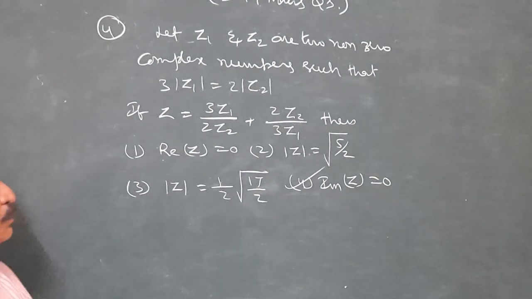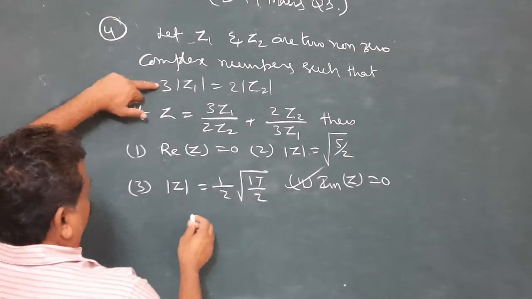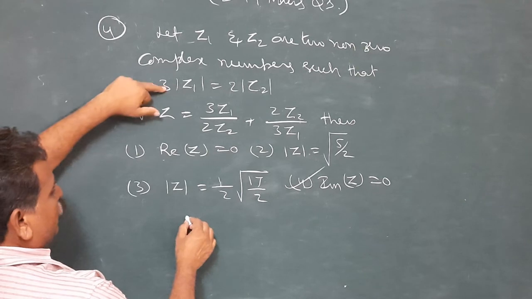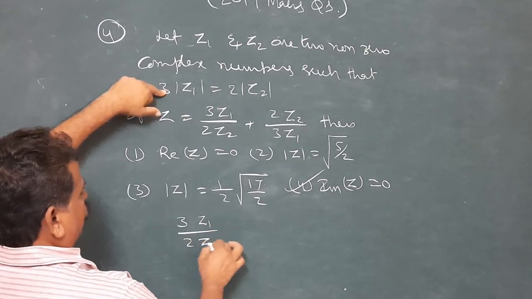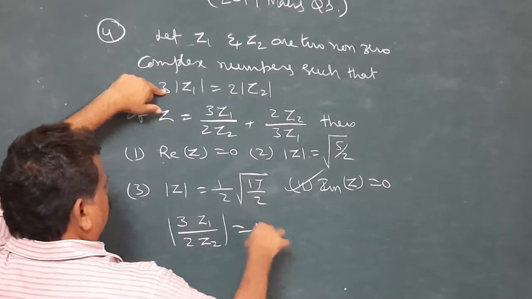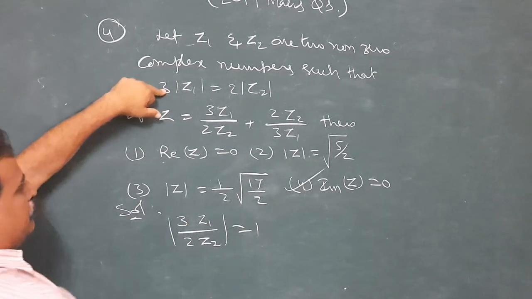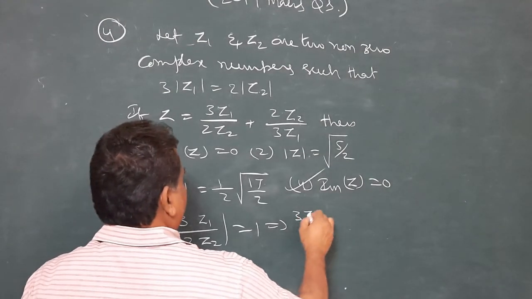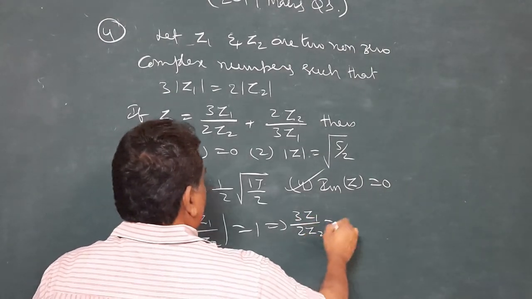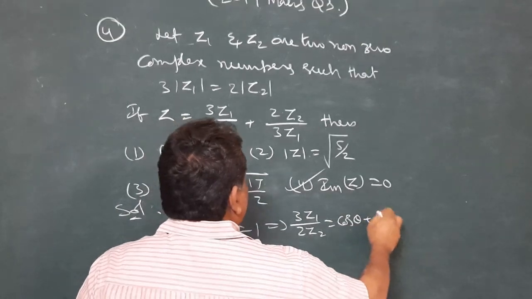Now, explanation. According to the given condition, once again, according to the given condition, modulus of 3z1 by 2z2 is 1. So, you can take that 3z1 by 2z2 equal to cos theta plus I sin theta.